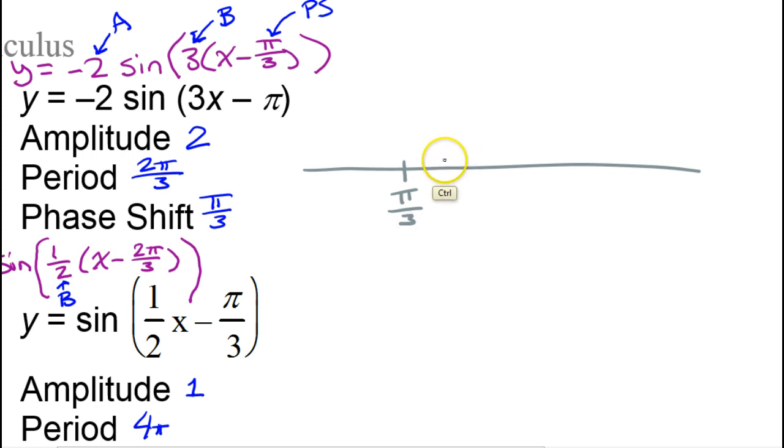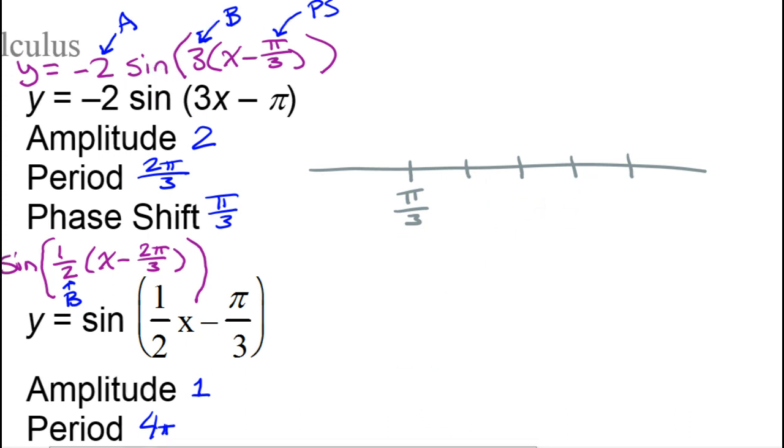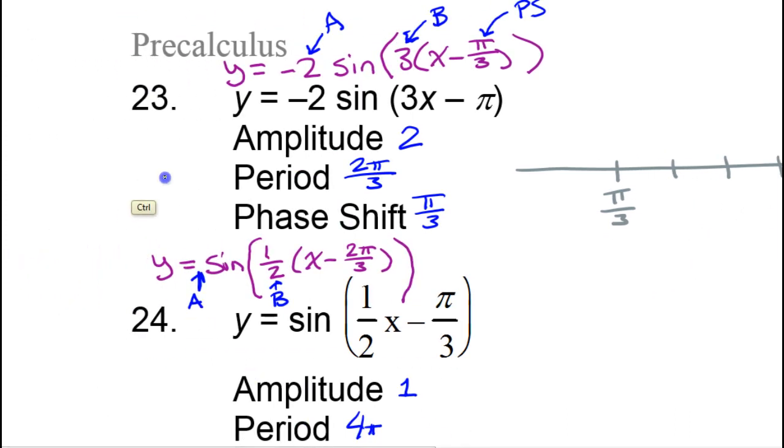Then I'm going to put 4 additional marks. 1, 2, 3, 4. This will give me one full period of the sine function. So each one of these marks represents a quarter of a period. So it would be helpful to know what a quarter of a period is.